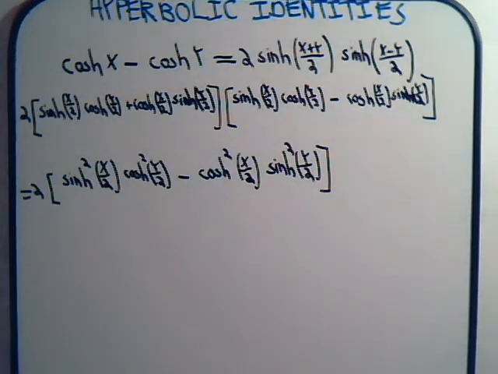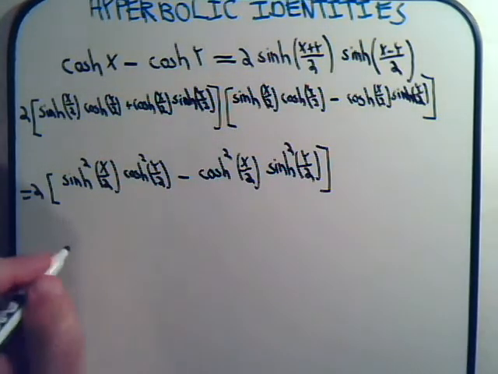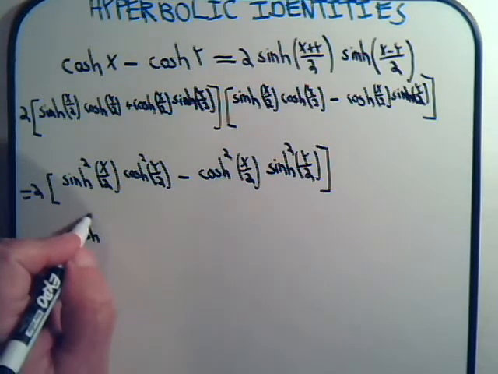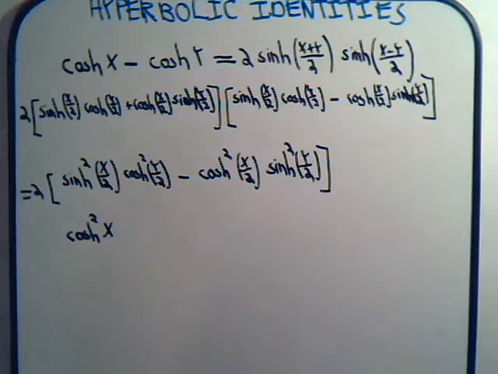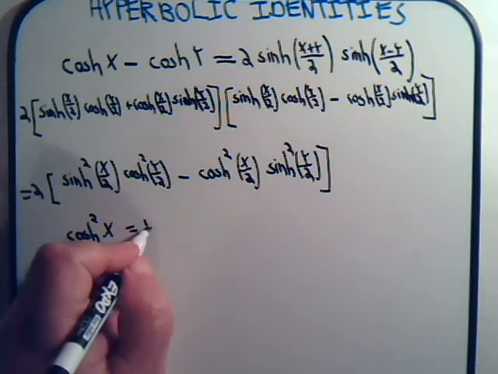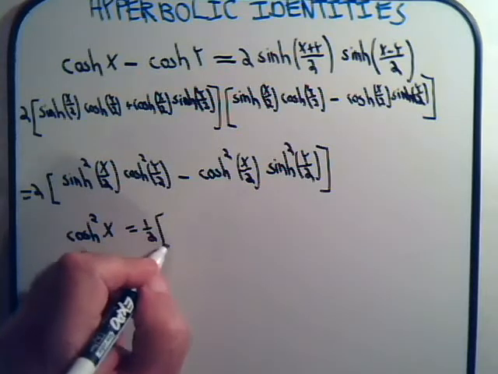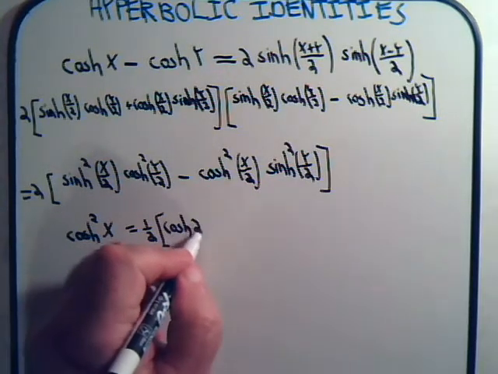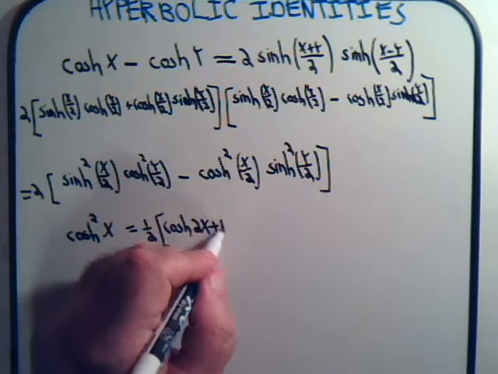Okay, now maybe there's a shorter way to do this, but what we did is, remember from the introduction video that the hyperbolic cosine squared of x, that's equal to 1/2 the hyperbolic cosine of 2x plus 1.